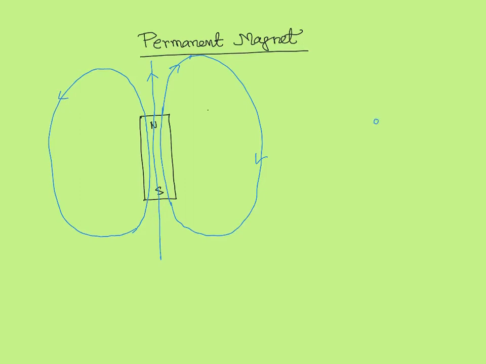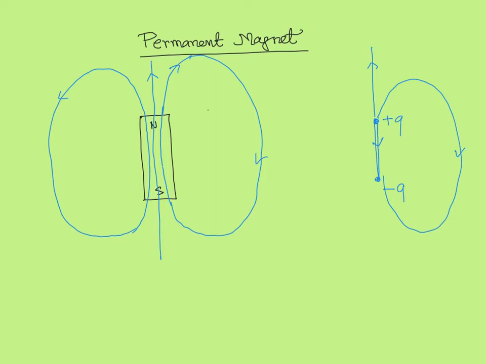But in an electric dipole, what happens if there is a plus q charge and a minus q charge? See, what are the electric lines of force? For the outside point it is quite similar to magnetic lines of force, but here the electric lines of force between the charges go from plus charge to minus charge.